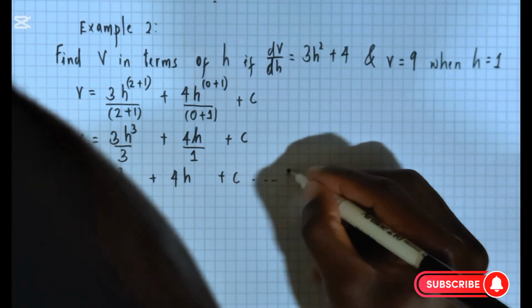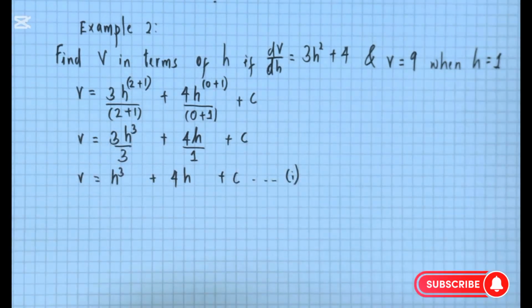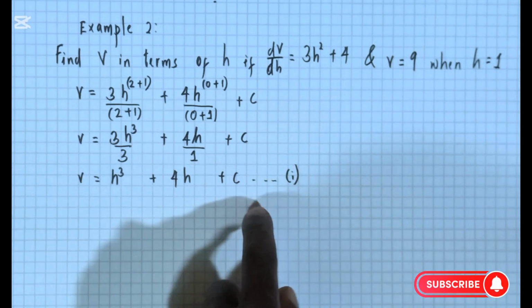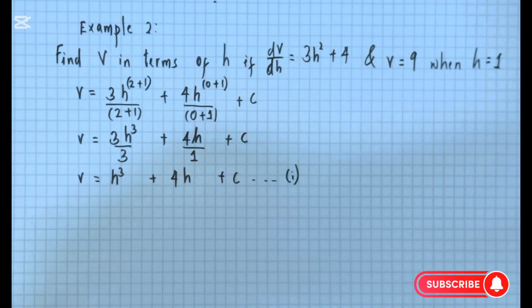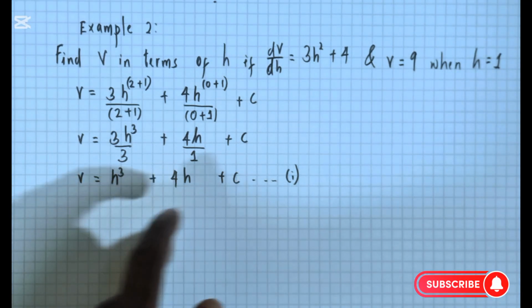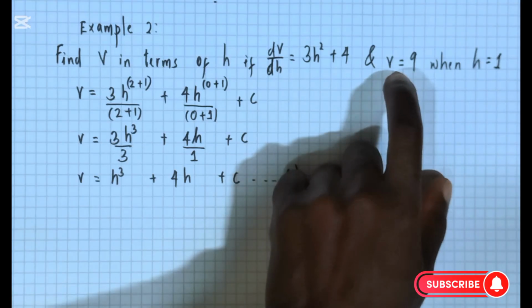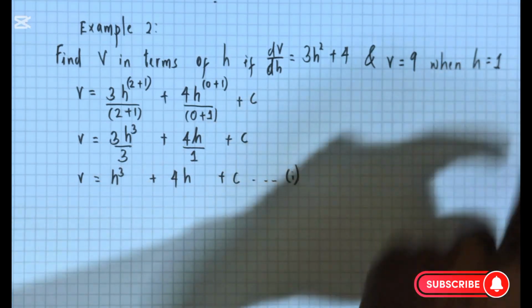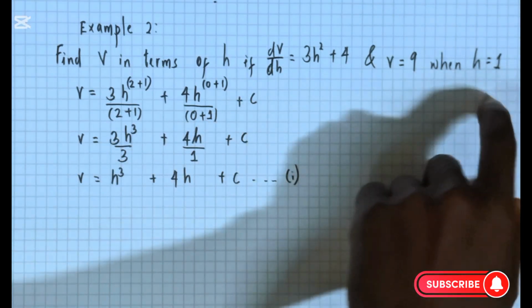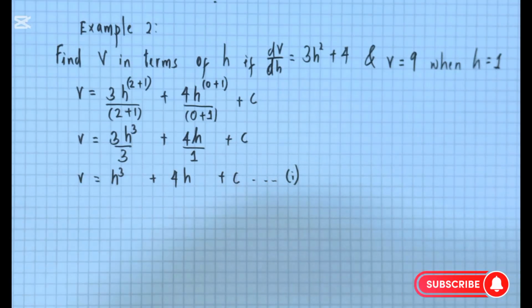So I'm going to name this equation 1, as it is not complete yet. We haven't found the value of c, and we are supposed to find the value of c, and then write a complete equation from whatever we have as equation 1. Remember, we've been given the value of v as 9 when h equals 1, so we'll substitute these values directly into equation 1 to find the value of c.